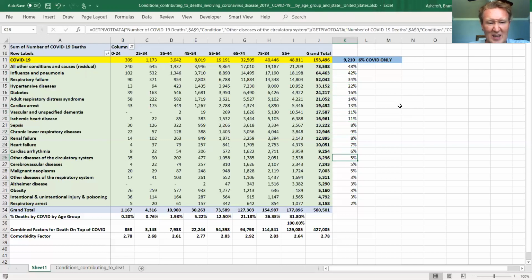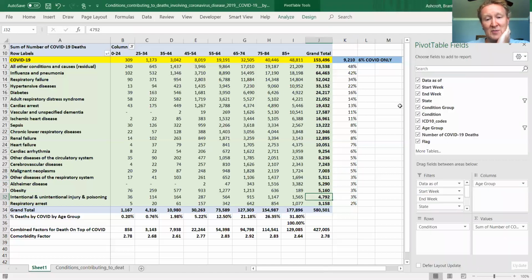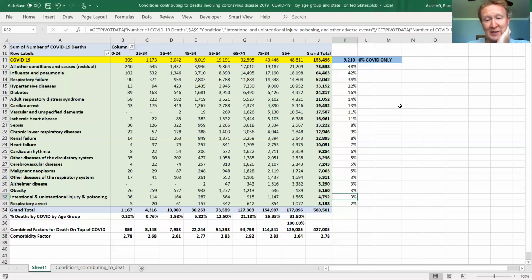So you can take a look at this yourself and try to determine which ones really, when it comes down to it, is it COVID, or is it they had COVID and they died from a heart attack? Interestingly enough, this one down here, intentional and unintentional poisoning. I'm not sure what that means exactly. These are unfortunate things we've got to talk about. I don't know if this is maybe suicide, something like that.